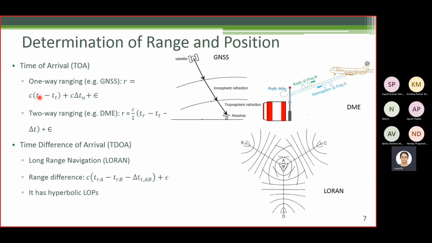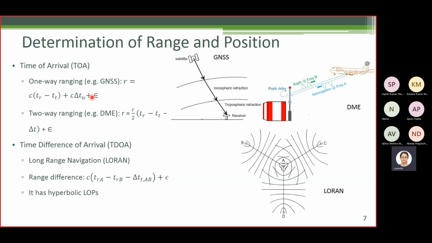So we need to form the mathematical models of the range measurements, and then we need to stack all the measurements that we get from all the transmitters, and then use a filter to determine the positions. It's like solving a number of equations to find the position, but it has to be handled in a different way because there are errors, and that's why we need filters.